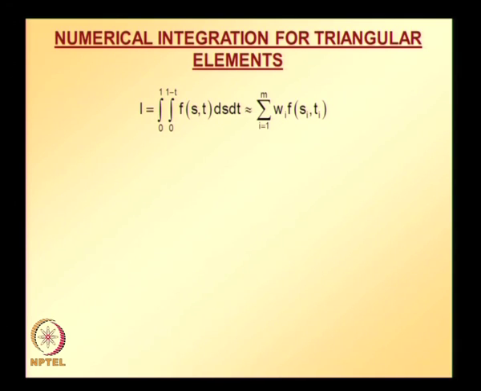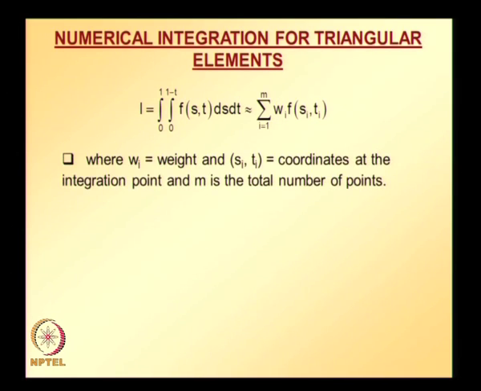We need to evaluate this double integral of f(s,t) between the limits 0 to 1 minus t and 0 to 1, and that can be estimated similar to what we did for rectangular elements. So we need to find the integration points first, and once we have the integration point locations, evaluate the function at those locations, multiply with the weight and sum up the contributions from all the integration points.